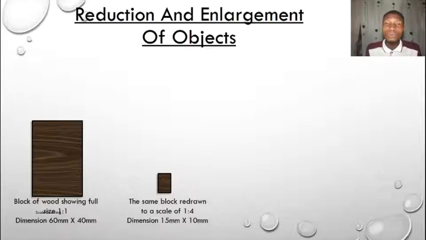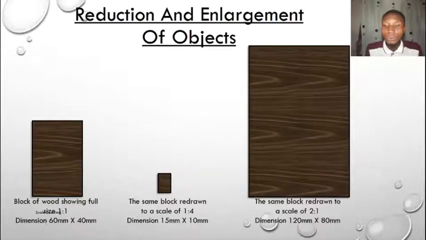So if we do that, there's going to be 60 multiplied by 2, which is 120, and 40 multiplied by 2, which is 80. So the dimension of the new object for the enlarged one is going to be 120 millimeters by 80 millimeters, and the scale is going to be 2:1.